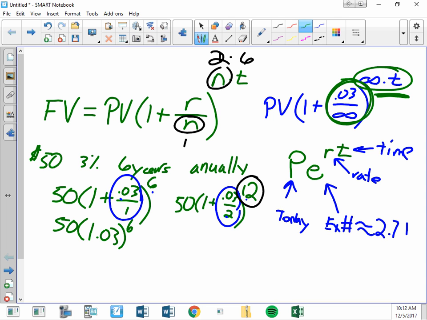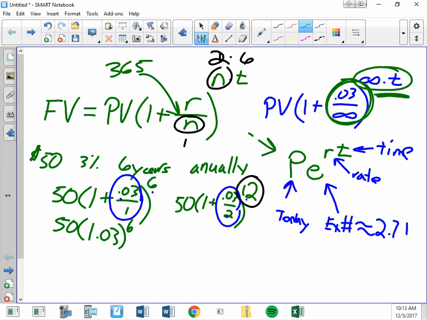And it turns out, if I were to plug 365 in here, that is not very far off of this. Once you get up above 100 compounds, there's not that much difference between 100 and infinity as far as compounds go. So anything in the physical world will use the continuous compounded equation.